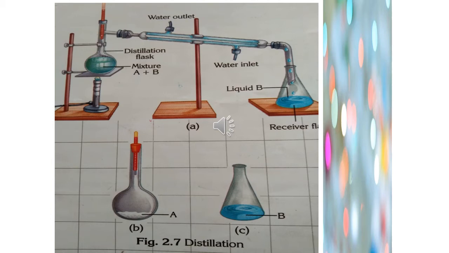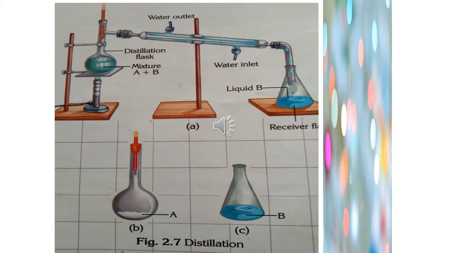Now which technique? We study those techniques. Listen. Add a mixture of A and B. We have to add both sodium chloride and water to the distillation flask. Now we have to heat them carefully with the Bunsen burner and allow the mixture component to evaporate.